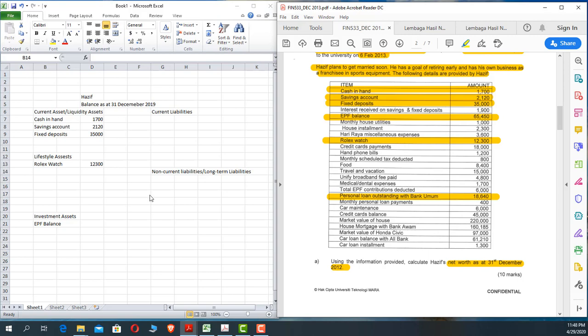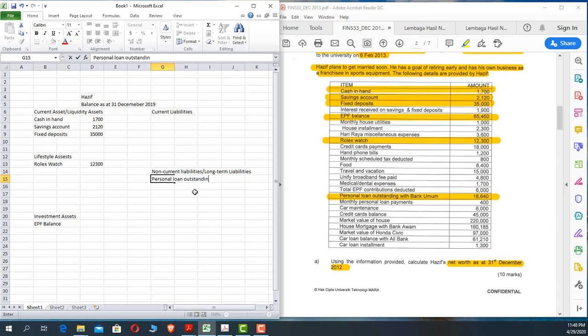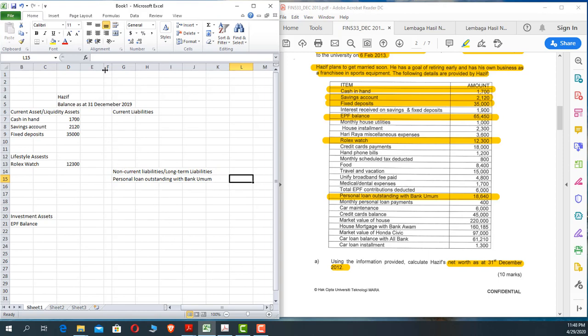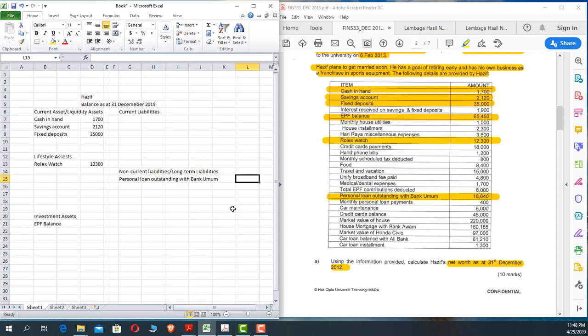So just masukkan dalam non current liabilities. Okay, so 18,640.